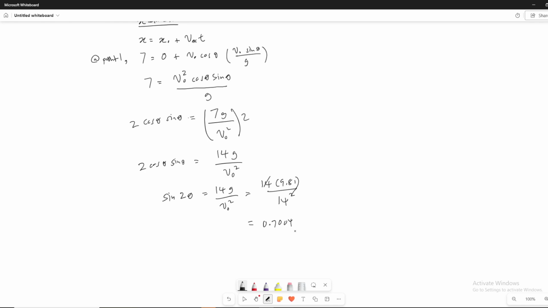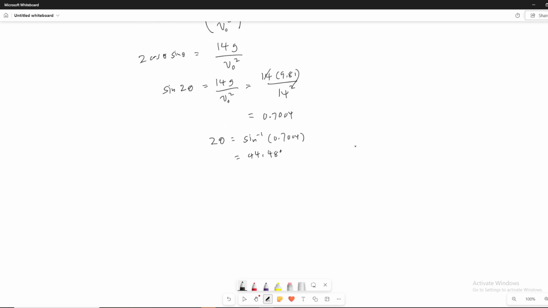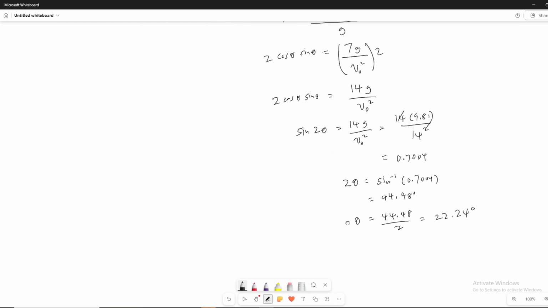And if we find 2 theta, we get 44.48 degrees. So theta is 44.48 divided by 2, which is 22.24 degrees.